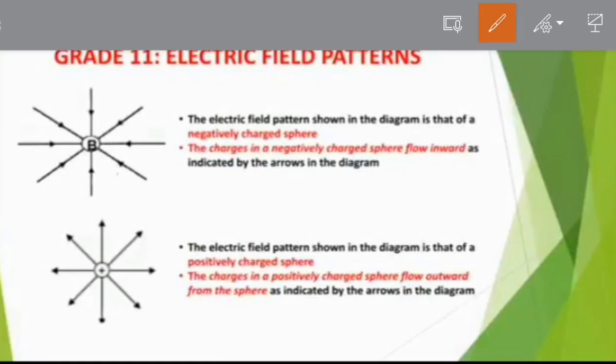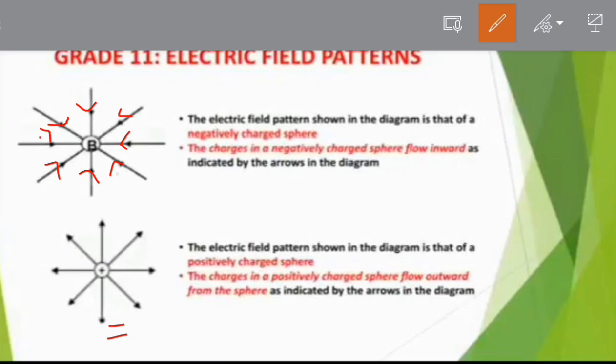You can see the arrows are going inward towards the sphere, right? So to see a negatively charged sphere, you will see the lines flowing inward, right?